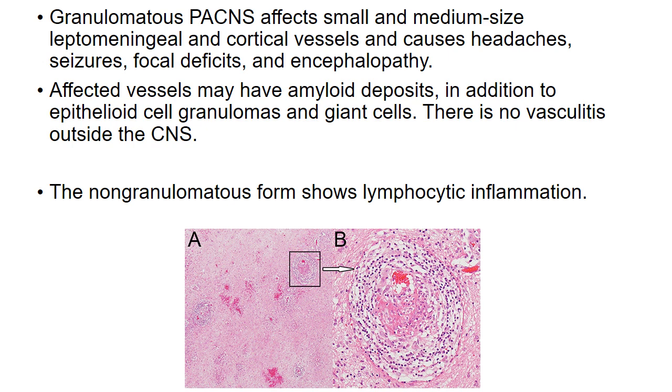Affected vessels may have amyloid deposits in addition to epithelioid cell granulomas and giant cells. However, there is no vasculitis outside the CNS. The non-granulomatous one, on the other hand, only shows lymphocytic infiltration. So this is a case of a granulomatous primary angiitis of the CNS.